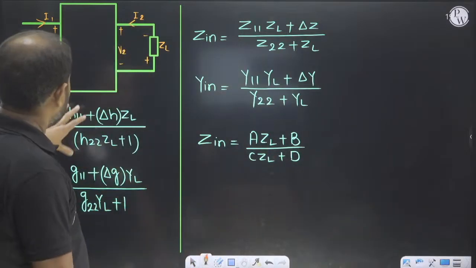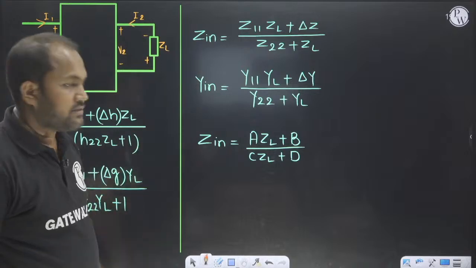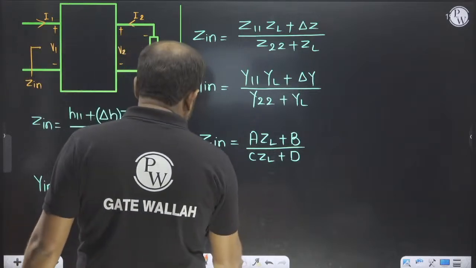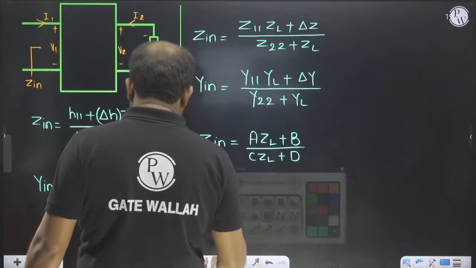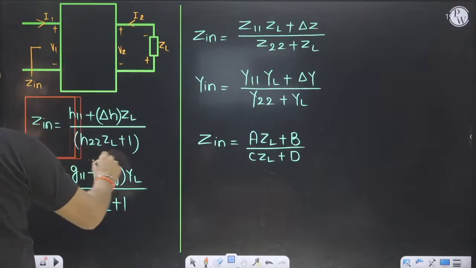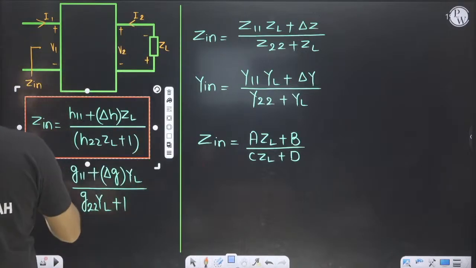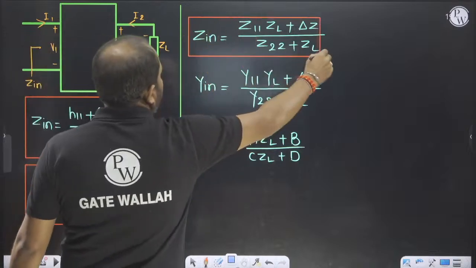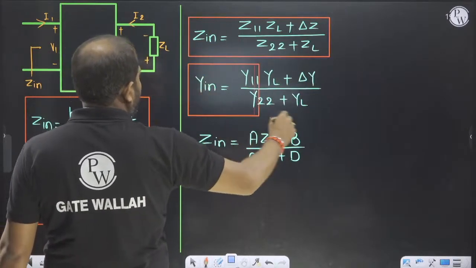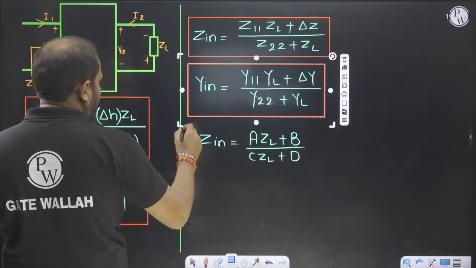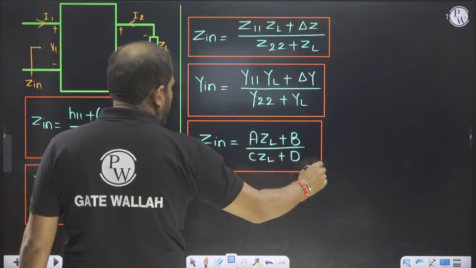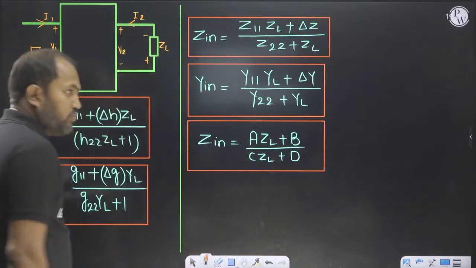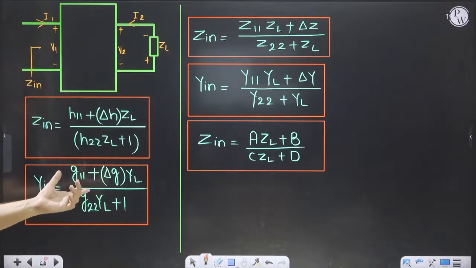So all formulas we have derived in every class, and you just have to remember them: Z-in in terms of H parameter, Y-in in terms of Y parameter, Z-in in terms of Z parameter, and Z-in in terms of ABCD parameter. We have studied the derivations also.